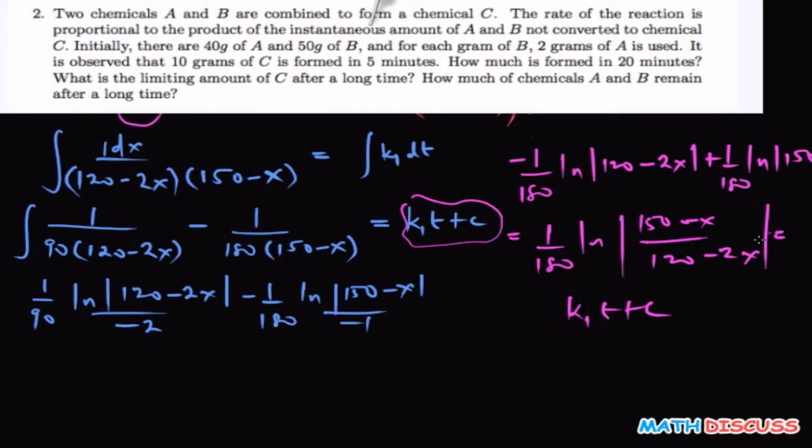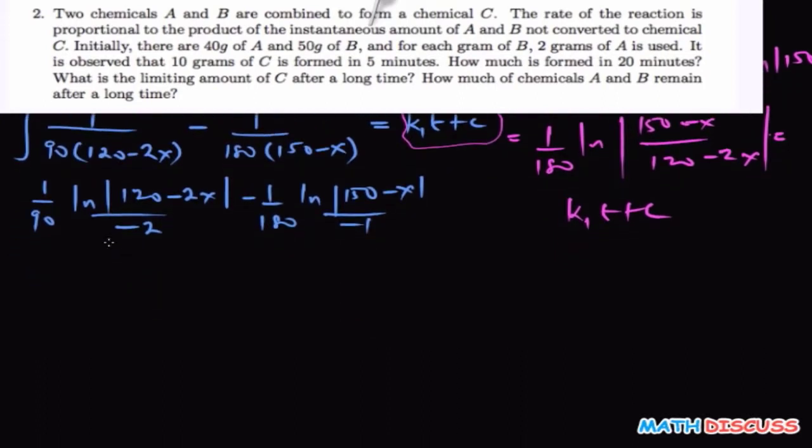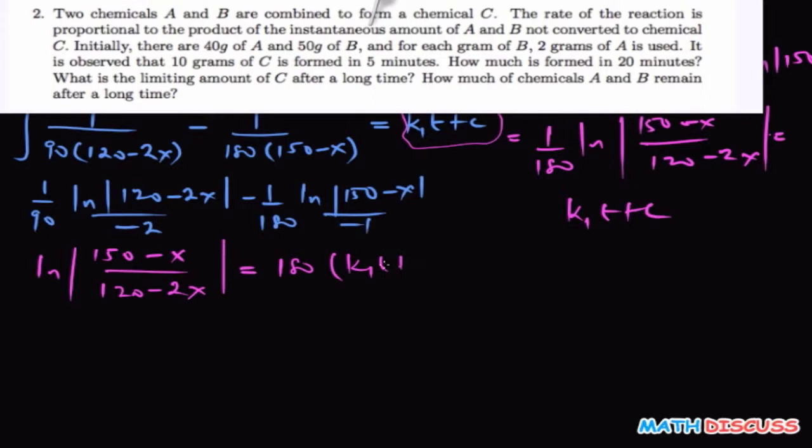And then on simplifying that, we have the ln of 150 minus x divided by 120 minus 2x equals 180 into k1t plus c.